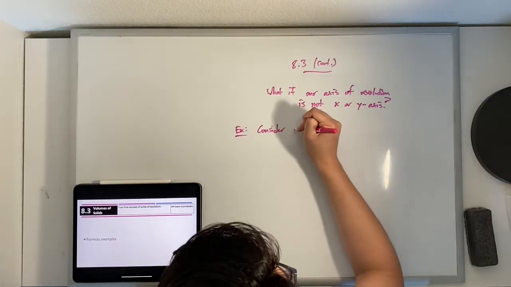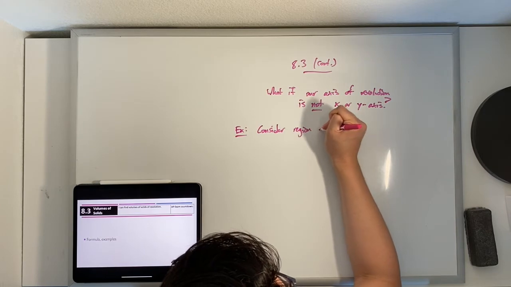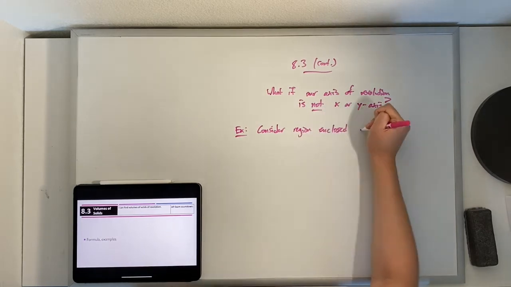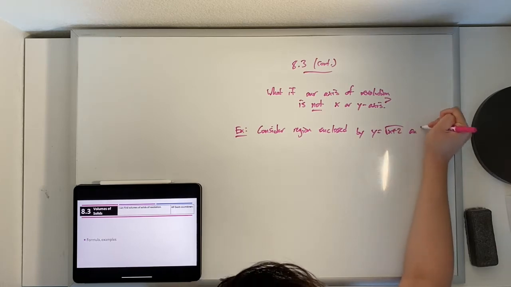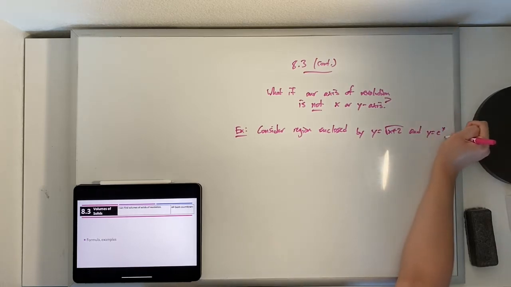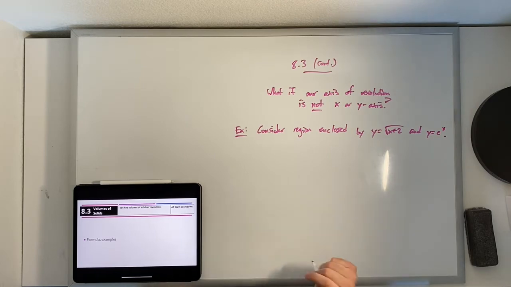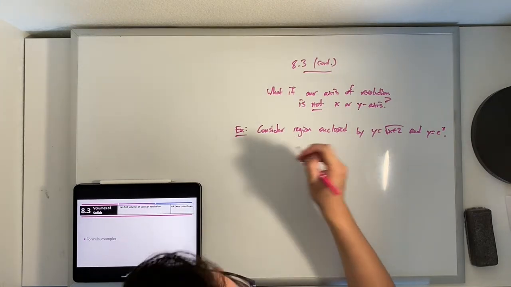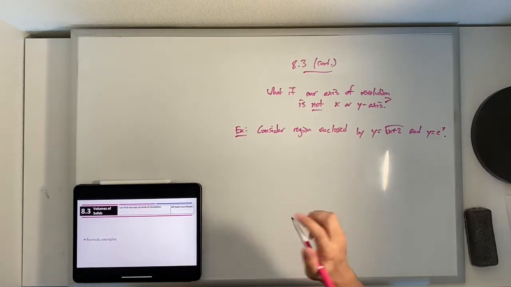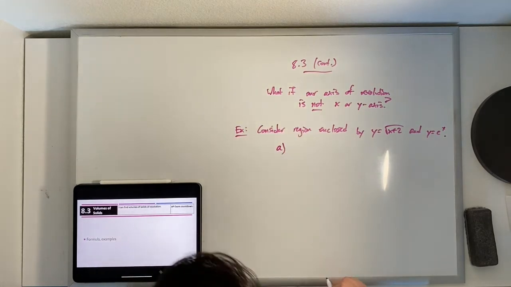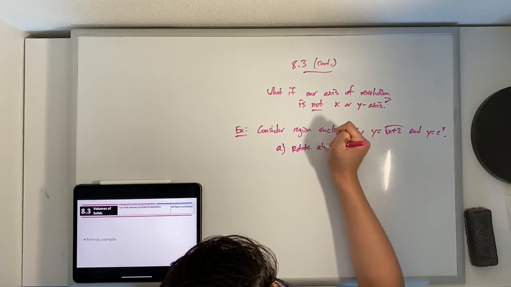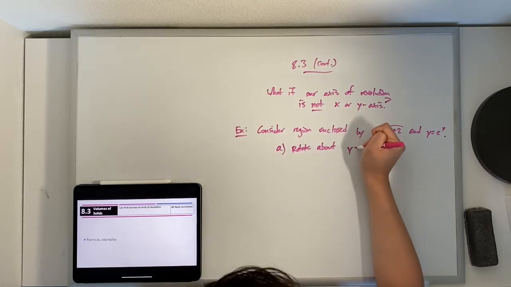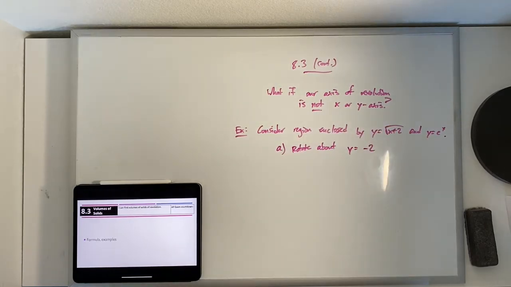Let's consider the region enclosed by y equals the square root of x plus 2 and y equals e to the x. So we're actually going to break this apart into a bunch of different pieces. So part A, rotate about y equals -2.